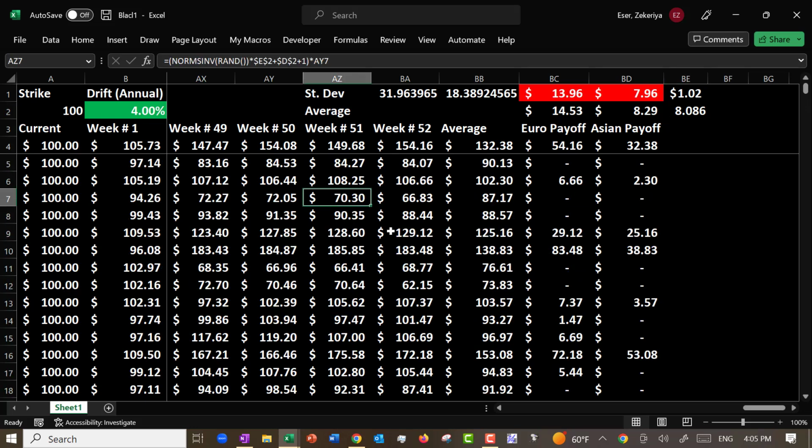Now, one thing about Monte Carlo simulation, you cannot use it if the payoff is what we call strongly path dependent. For example, if there was an early exercise option for the Asian payoffs, the payoff depends on exactly when that exercise happens.